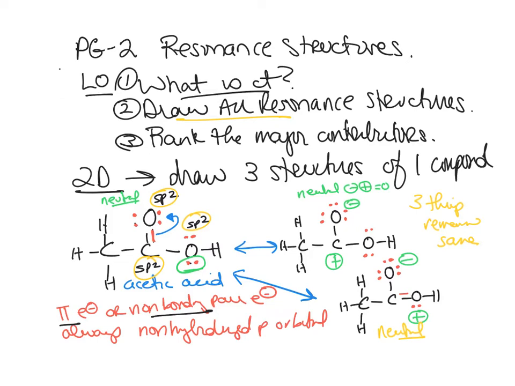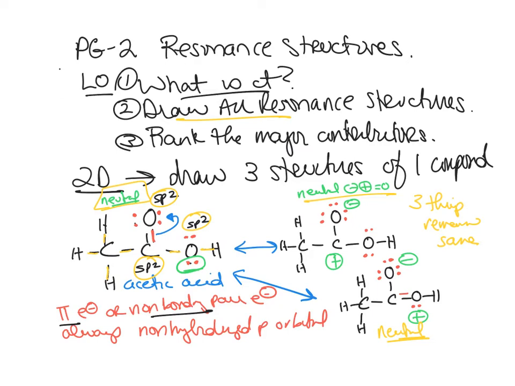So that is one of the requirements. So these sigma bonds all remain the same. The other requirement is that if you start with a neutral molecule, then your charges must equal the same. If you start with a negative molecule, overall negative, then every structure needs to have an overall negative. So you have to have conservation of charge.